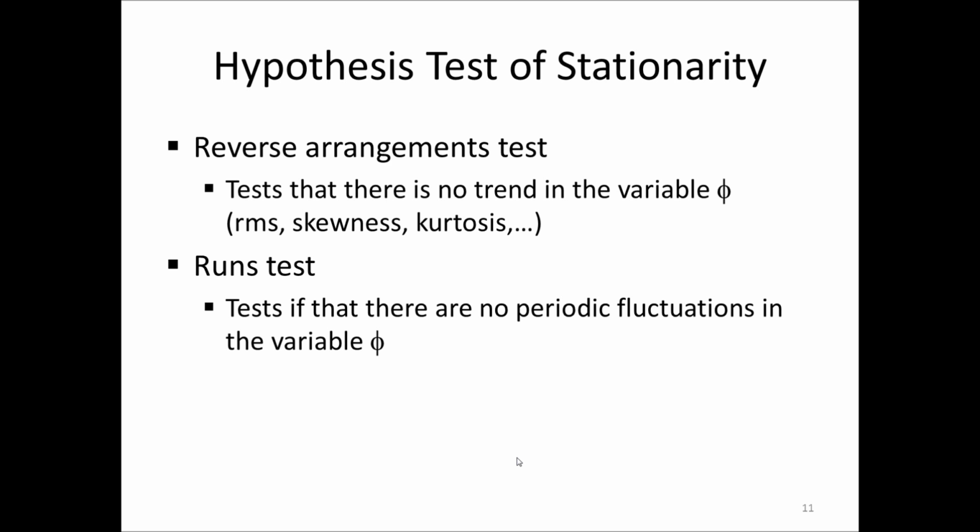Now, in other cases, when we don't think that the frame statistics and some engineering judgment is sufficient, there are 2 different statistical tests or hypothesis tests that can be used to test stationarity. These are called the reverse arrangements test, which tests that there is no trend in the variable phi, where the variable phi can be either the RMS or skewness or kurtosis, for example.